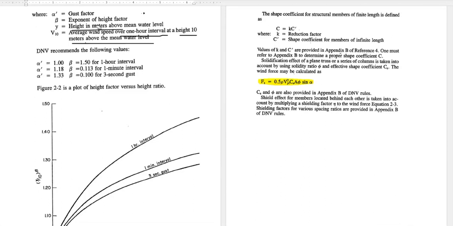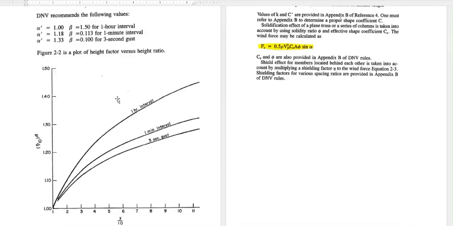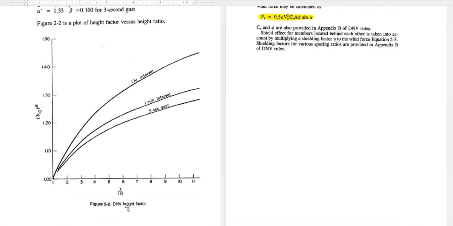So this is like API also. And then here we can see the DNV height factor for 3-second gust, 1 minute interval, 1 hour interval. We can see, for 3-second gust versus 1 hour interval, (y by 10) whole power beta, that factor is varying.